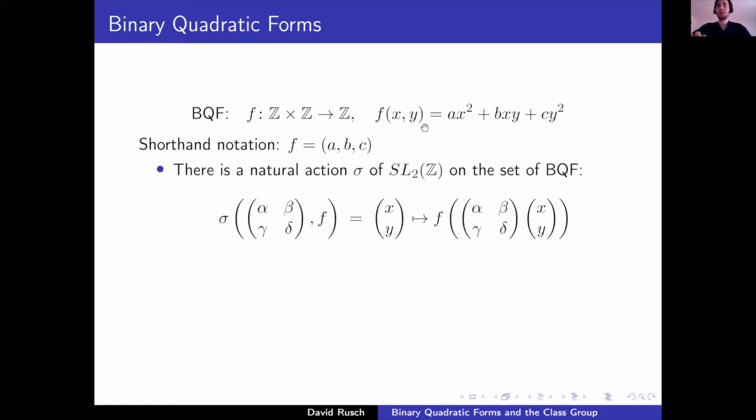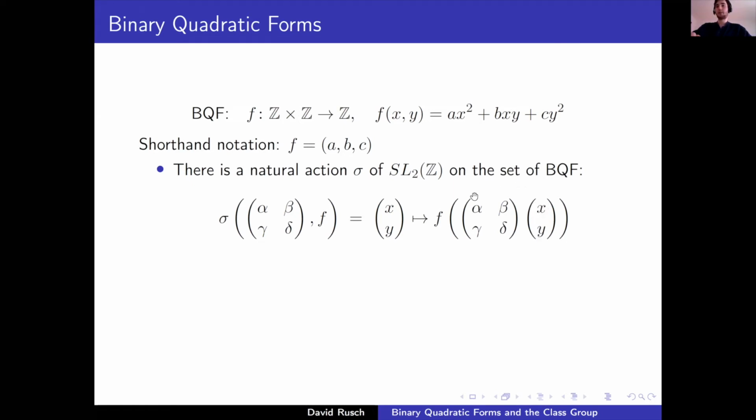So one thing we can do is we can find a group action of the group SL2. So it is just a group of matrices with integer coefficients and determinant 1 on the set of binary quadratic forms. And so this looks maybe a bit confusing, but the idea is just we want to plug in some linear combinations of x and y.